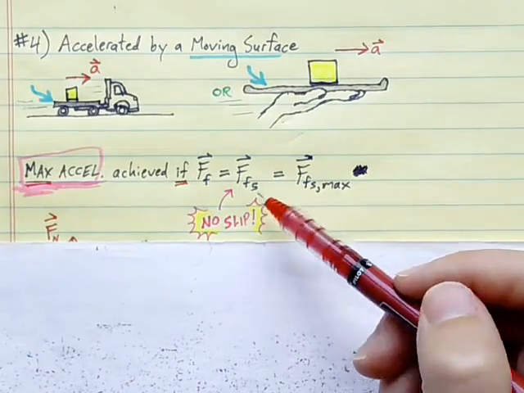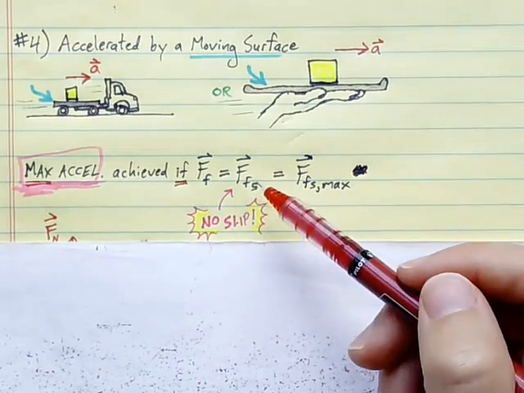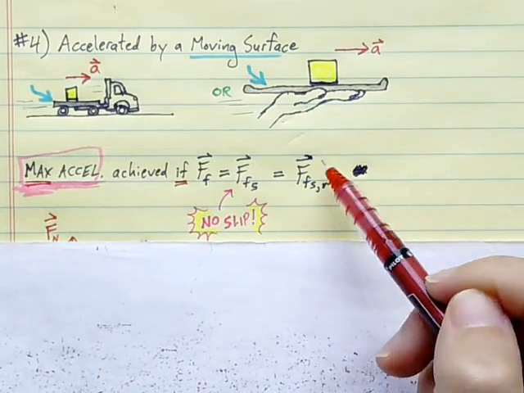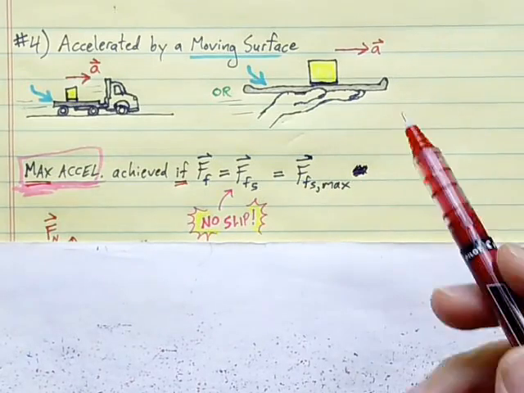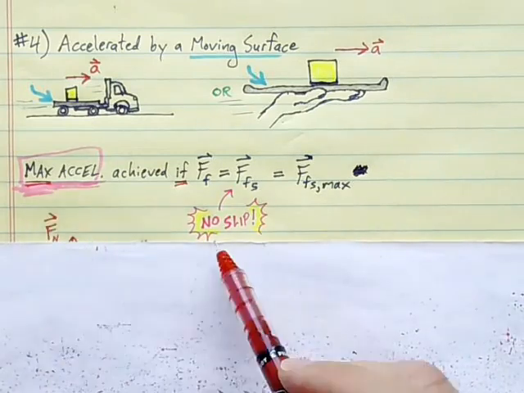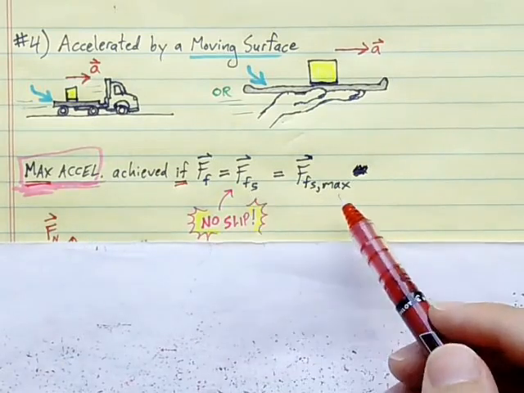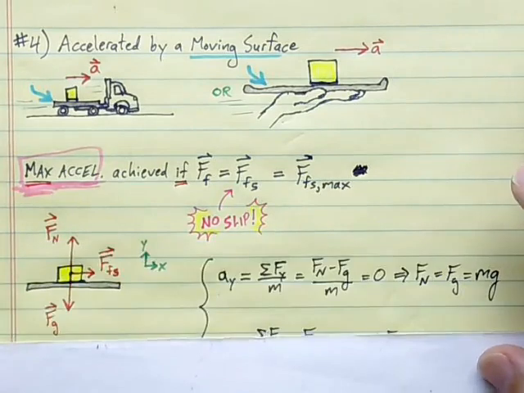We know static friction can be stronger than kinetic friction. Its max value will be greater than the value of kinetic friction. And so we get max acceleration if we're not slipping. So static friction, and static friction is at its max value.